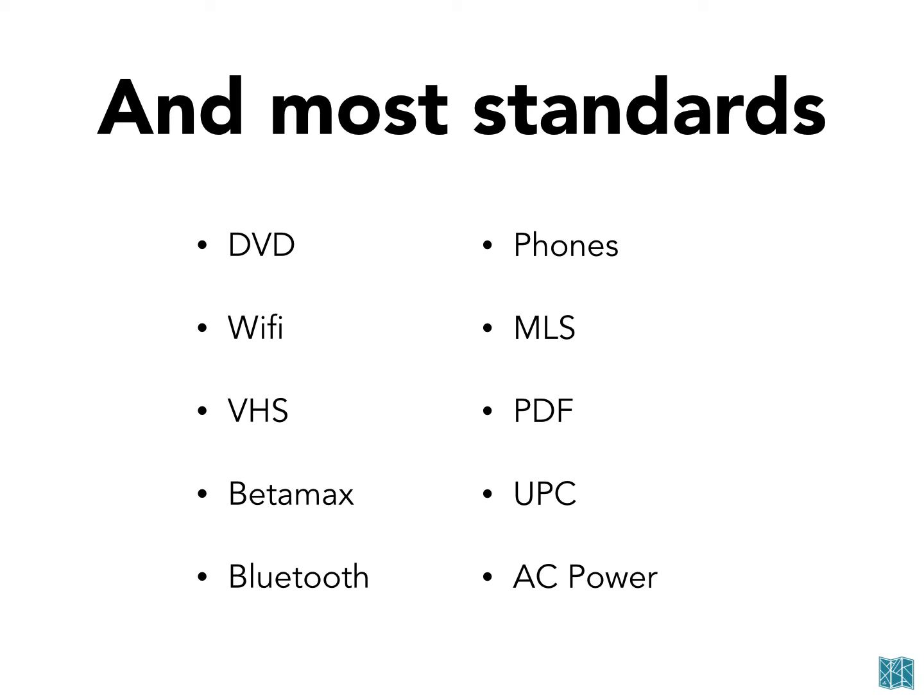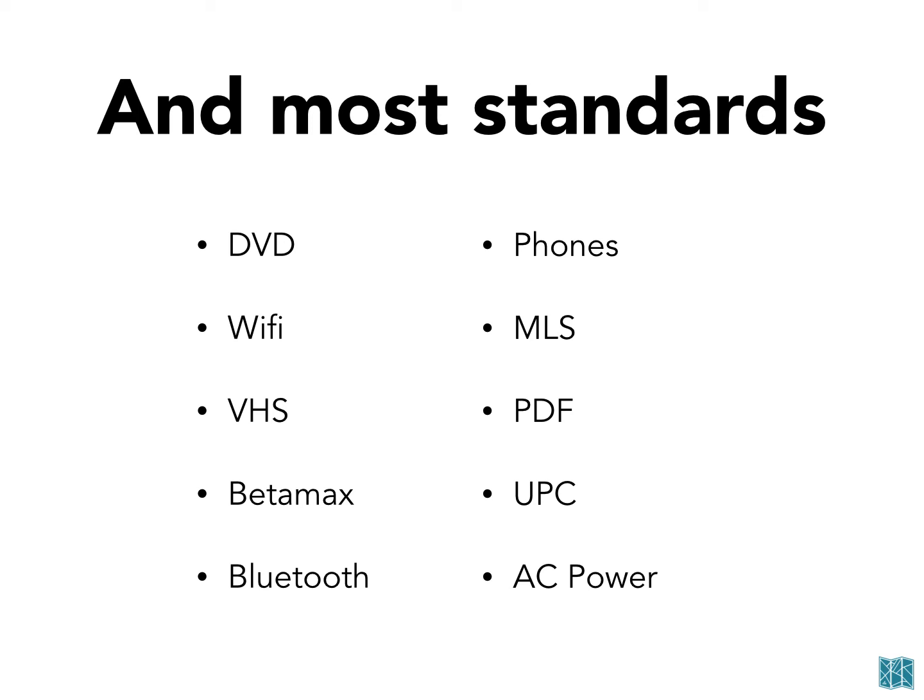One thing that's so fascinating about these types of businesses is that if you look at the infrastructure of our society, a lot of it is these sort of standards that allow lots of parties to come together and collaborate. If you look at just day-to-day life, your Wi-Fi, DVD, VHS, Bluetooth, phones in general, and cellular networks, the multiple listing service in real estate, the AC power grid.